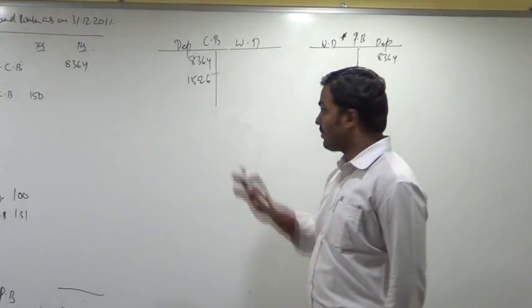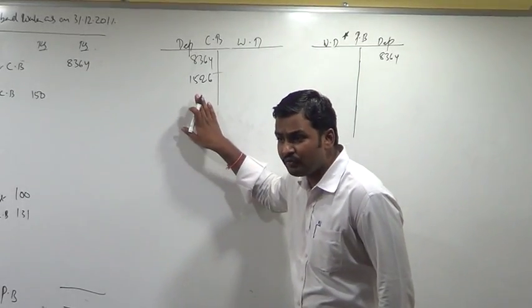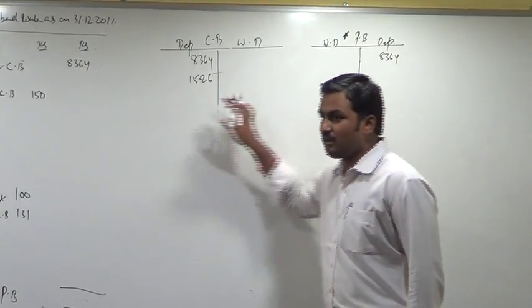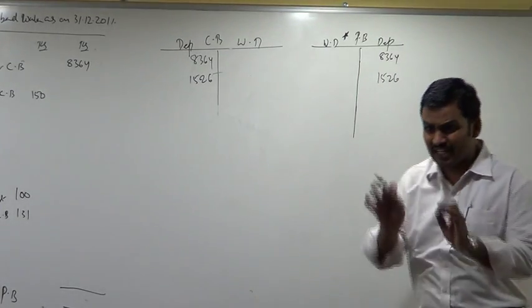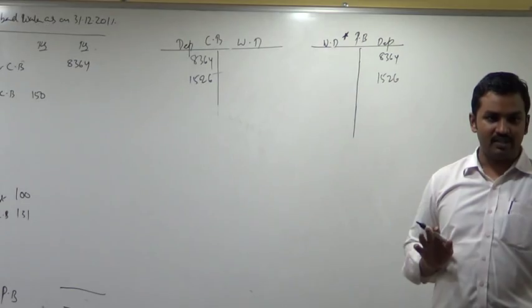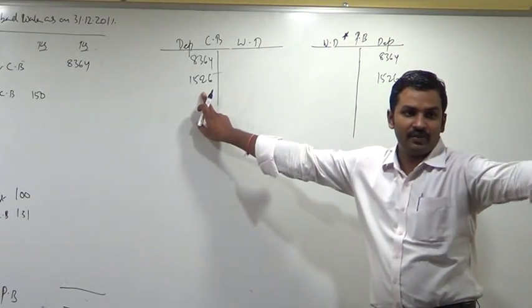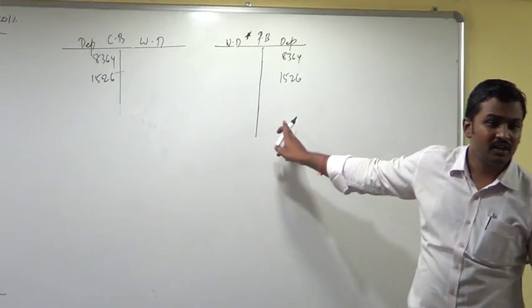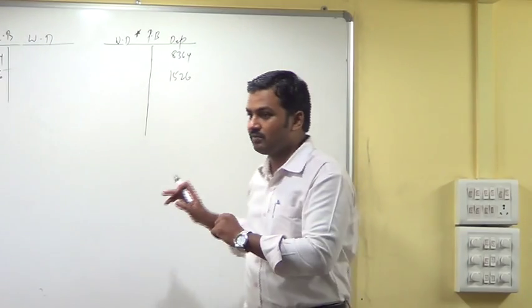On 15th December, that means before BRS date, on a particular day you had a debit balance of 1526. That means on the same day passbook should show a credit balance of 1526. This is the correct position. If cash book has debit balance, passbook should have credit balance.